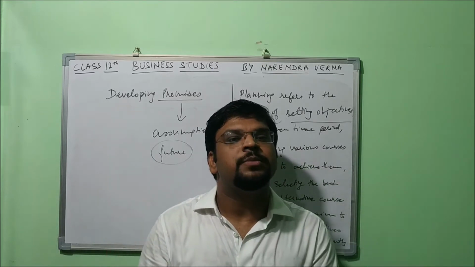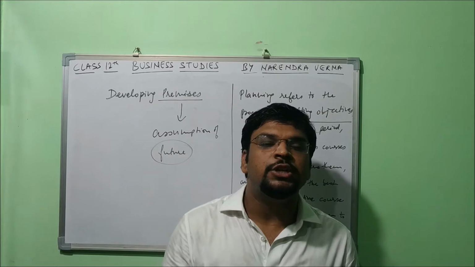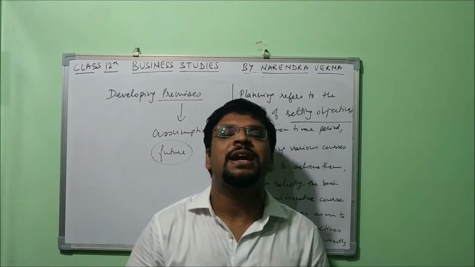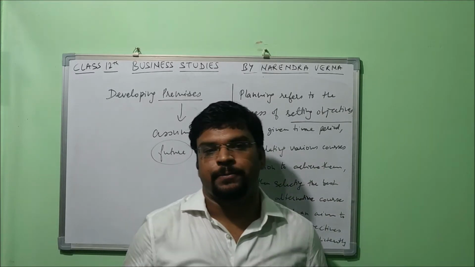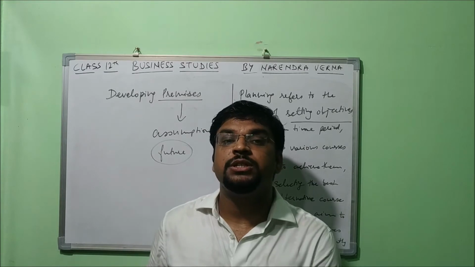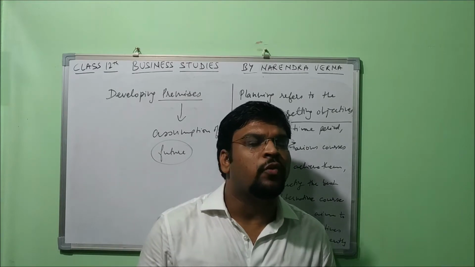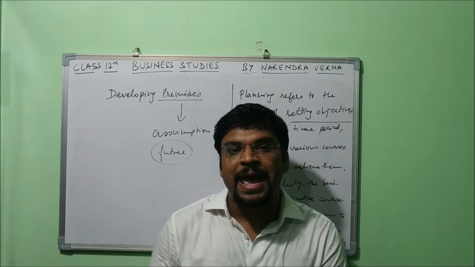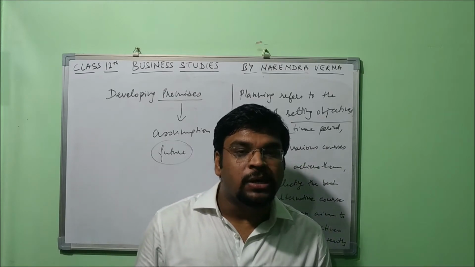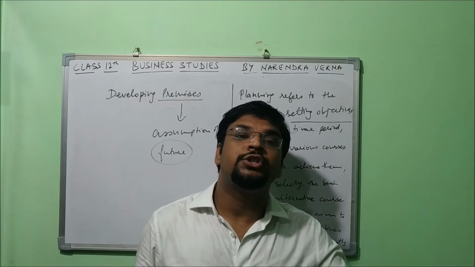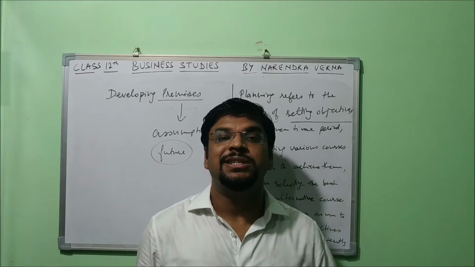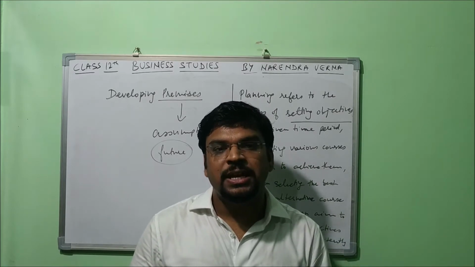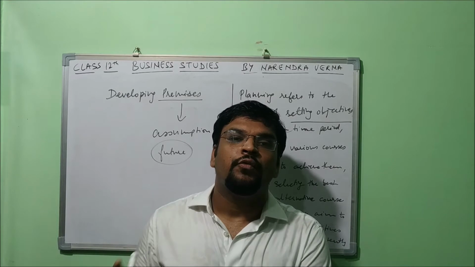These premises need to be developed in the second step of planning. And what do these premises include? These include forecast, existing plans or policies, the plan which worked in the past years.